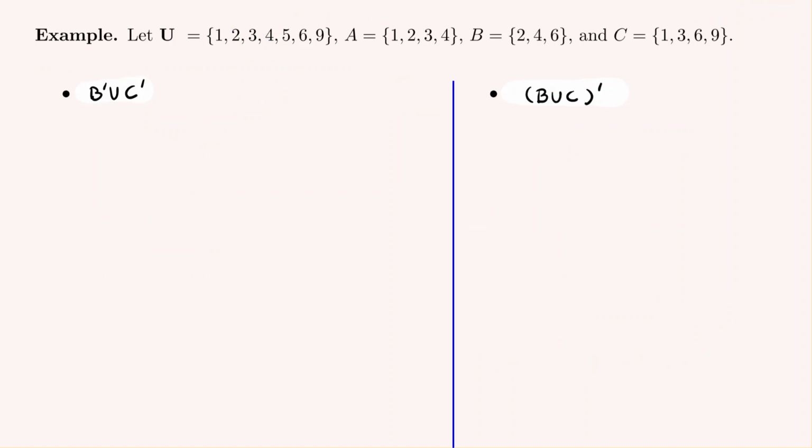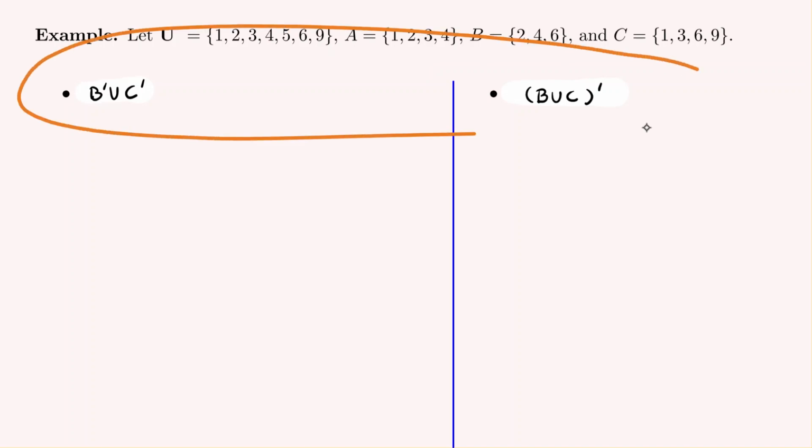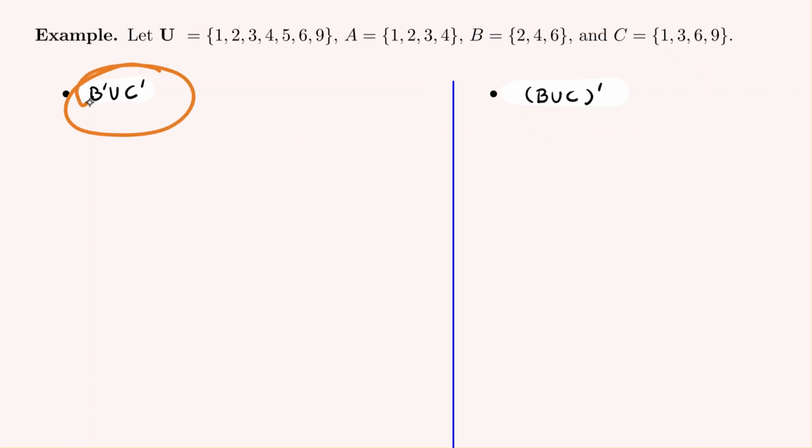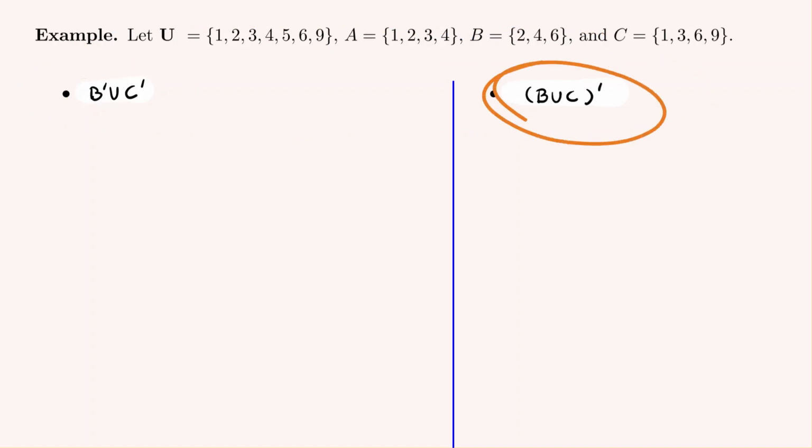Next up, let's do these 2 examples, still with our basic same universal set and subsets A, B, C. First, read both of these and identify what's the difference in their notation. So read this one out loud, left to right, then read this one. I would phrase this first one as B complement, union, C complement.